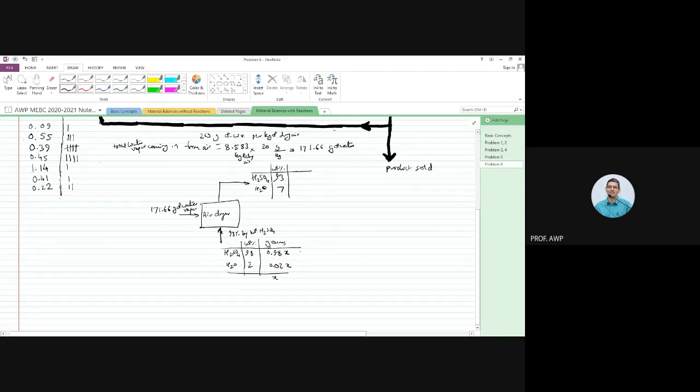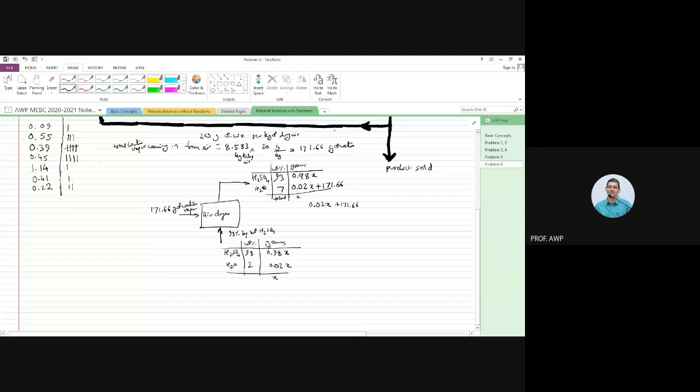This is like the problem that we did long time ago. This is 0.98x. This would be 0.02x plus 171.66 grams. Right? So now we know that this corresponds to 7 weight percent. That means 0.02x plus 171.66, where the total would be x plus 171.66.